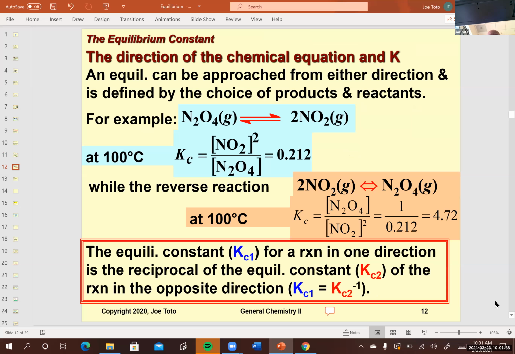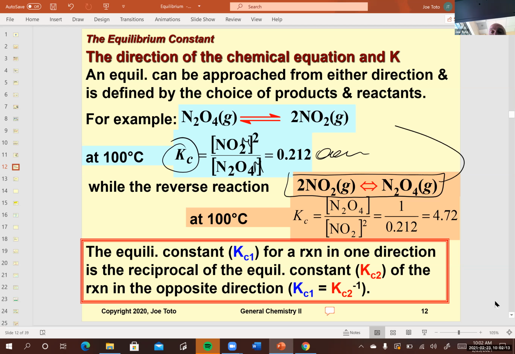All right. So then we went on to take a look at that reaction again, N2O4 in equilibrium with 2NO2. When I write that down, I define the reactants and products, and using the law of mass action, I can form the equilibrium constant Kc, with these in units of molarity, even though the value is unitless. But this also implies that if I had written this in reverse, then I would have defined a different equilibrium constant.